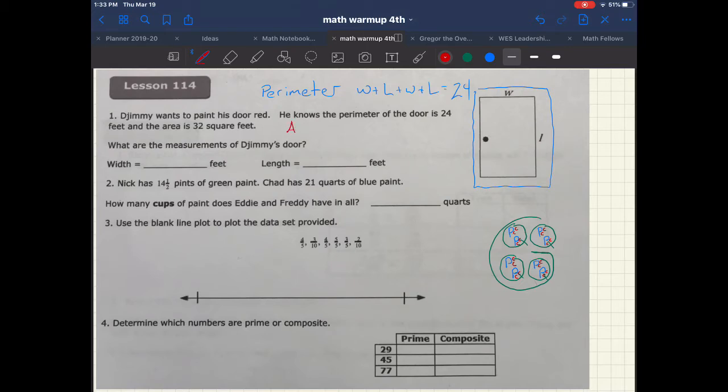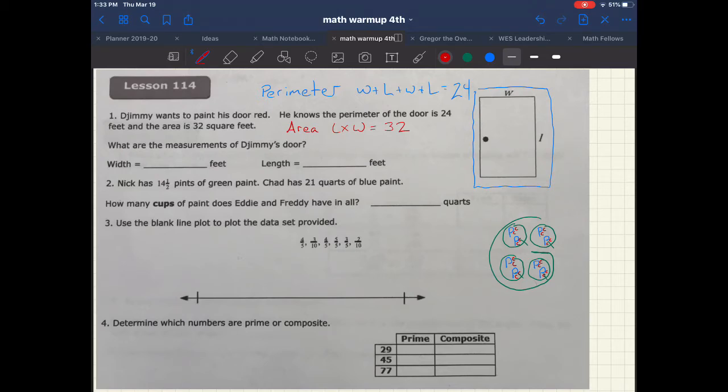The area is the squares inside, and that is going to be the length times the width, which is going to equal 32. They don't tell us any of the sides, so we're going to have to do some guess and check here.